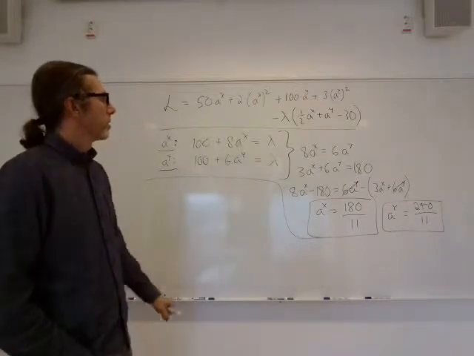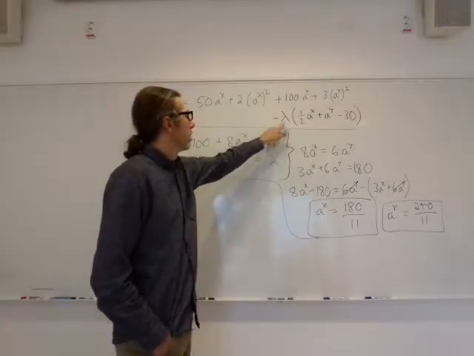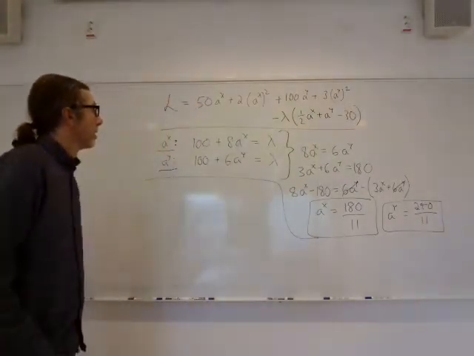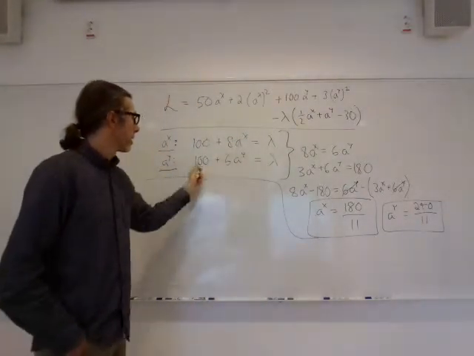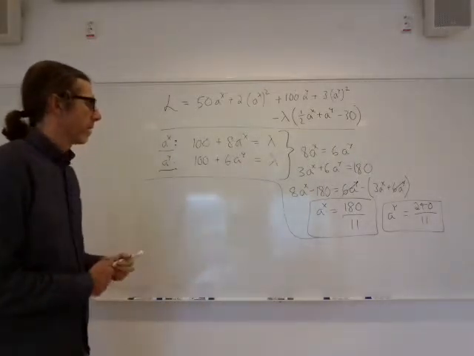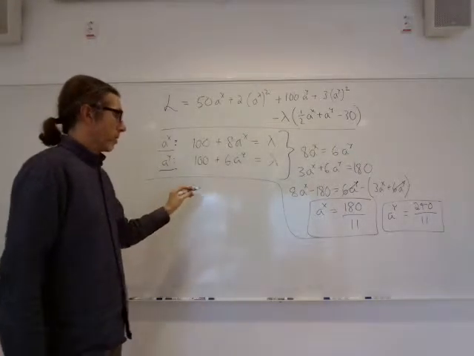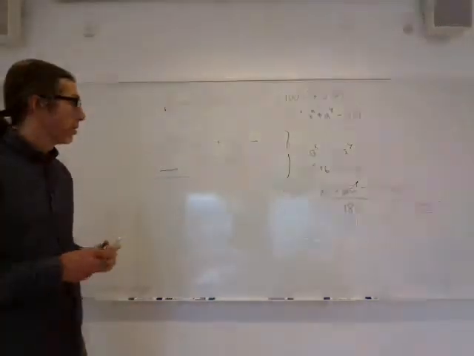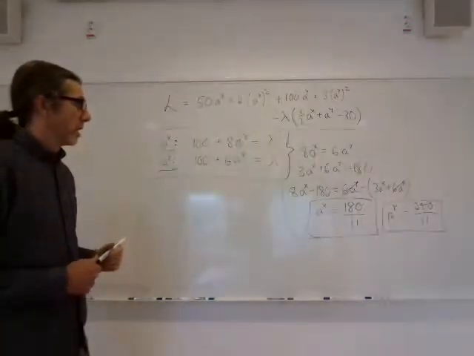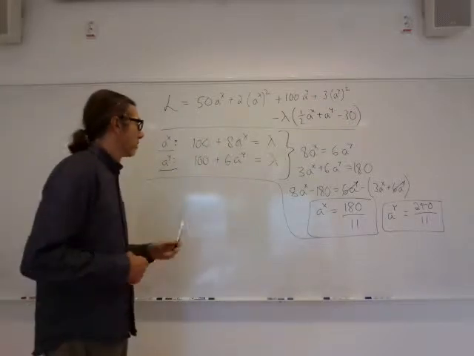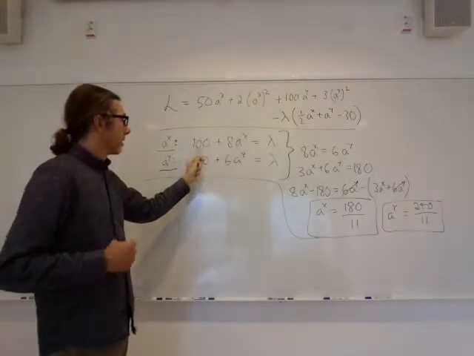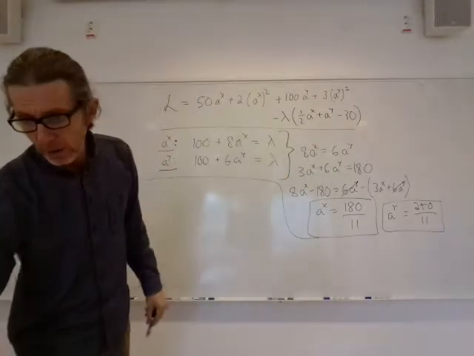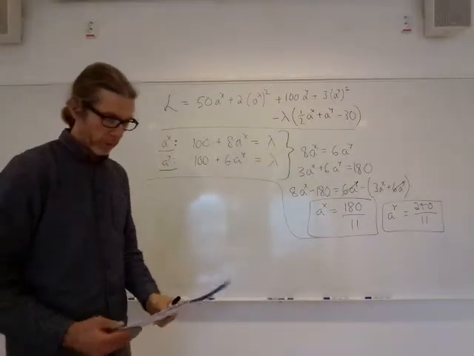So the charge or the tax on firm Y should be equal to lambda. And what is lambda? It is 100 plus 6AY, which comes out to 100 plus 6 times 240 over 11. It's pretty straightforward.